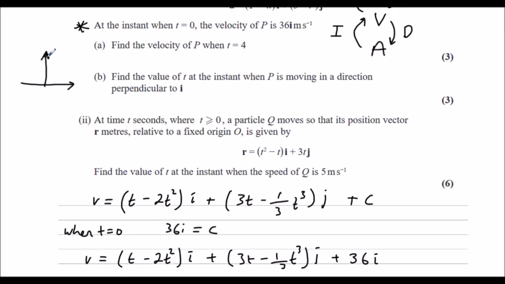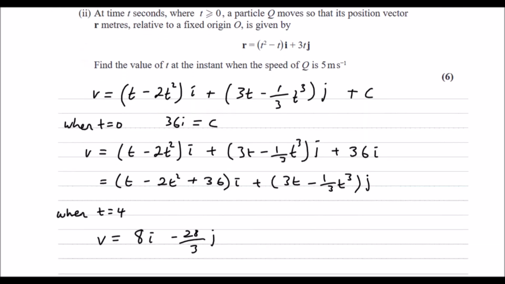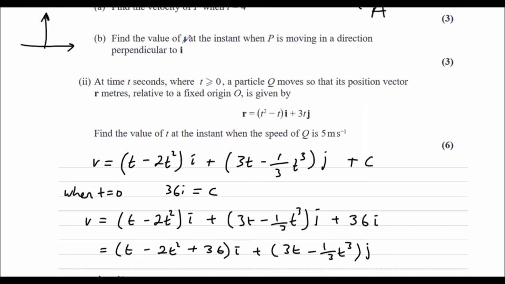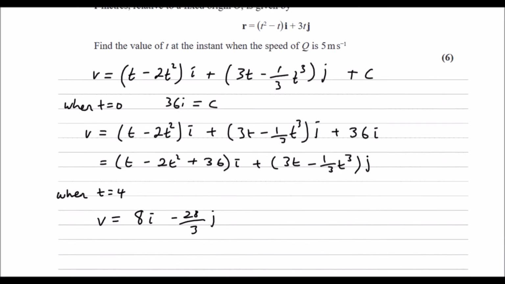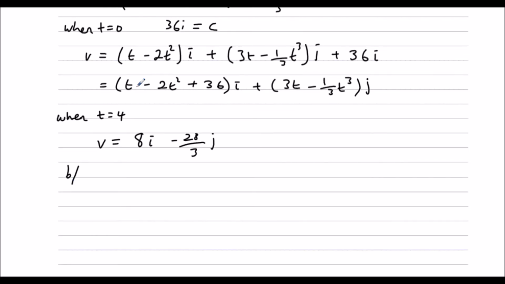If we're only moving in the j direction, we must have no i, no left and right component. So we need to find t when the i's equal 0. So when the i's, which is t - 2t² + 36, equal 0. We want to know what t is when that equals 0.